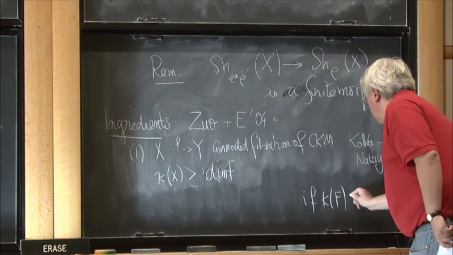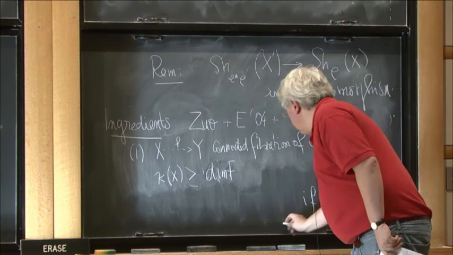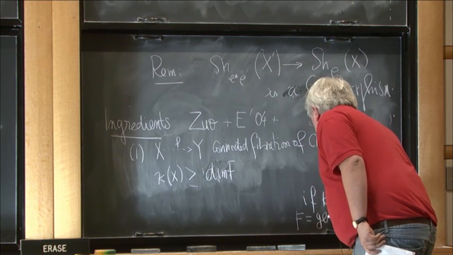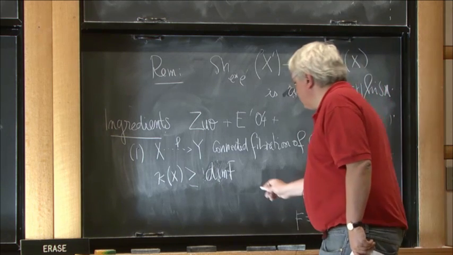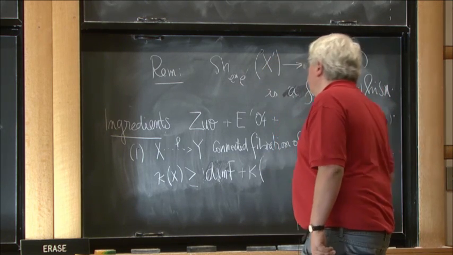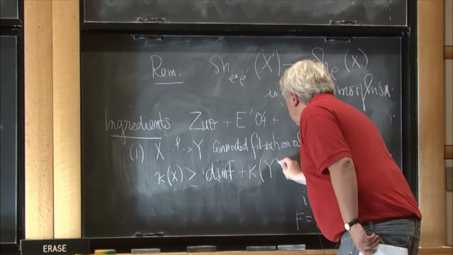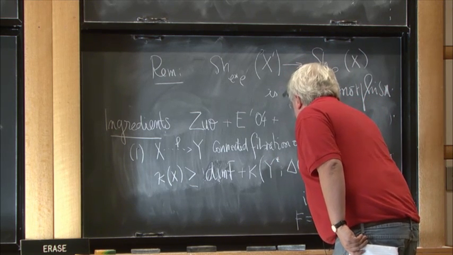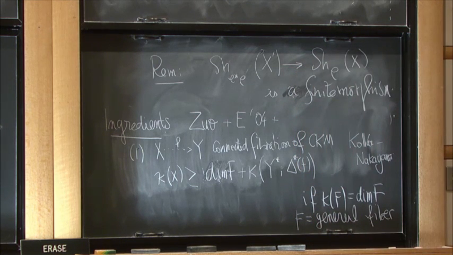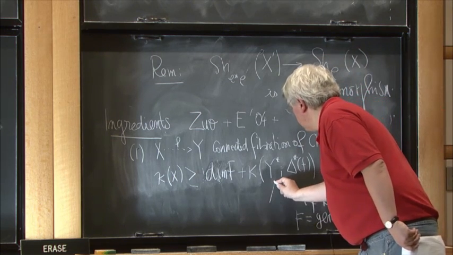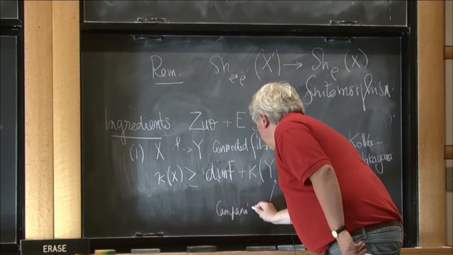if the general fiber has general type. But the classical statement will be with kappa of Y, but here it's something slightly refined, and we really need this refinement, where this is Campana's orbifold base.